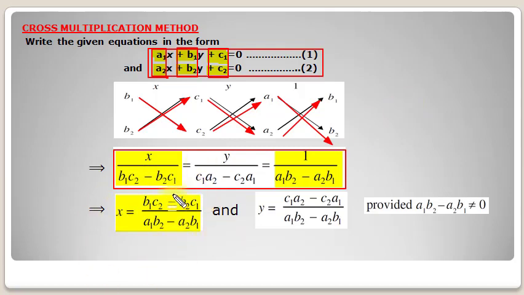In the second part, we put the y thing equal to 1 upon whatever value you get. When you put these two equal and transpose to the RHS, you will get the value of y.